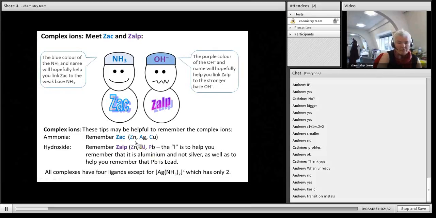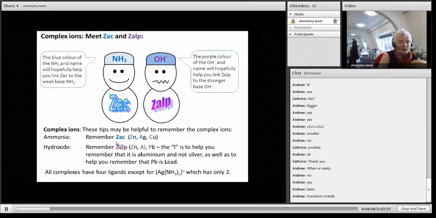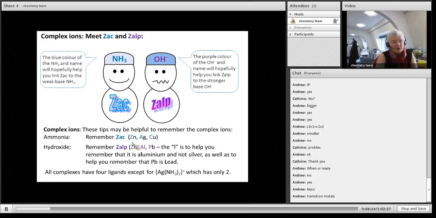So if you have, for instance, zinc carbonate, it's insoluble. If I add ammonia to it, even forgetting that ammonia is a base, so we'll just ignore the pH bit, ammonia will complex the zinc and remove any zinc ions to form a complex with it. So that is my change.